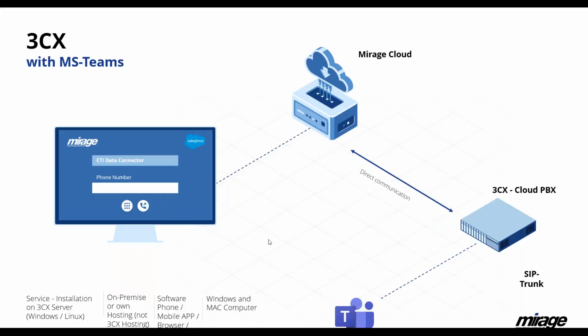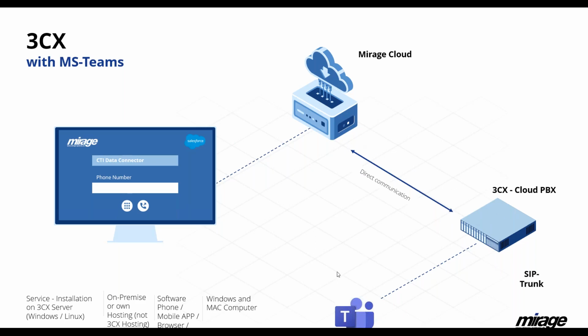Okay, here we have an overview of the technical connection. So the 3CX telephone system is completely integrated with Microsoft Teams. If the call comes in, it's normally going to Teams. The voice part is going here. I can also take the call directly in Teams. And our cloud service is communicating constantly with 3CX.